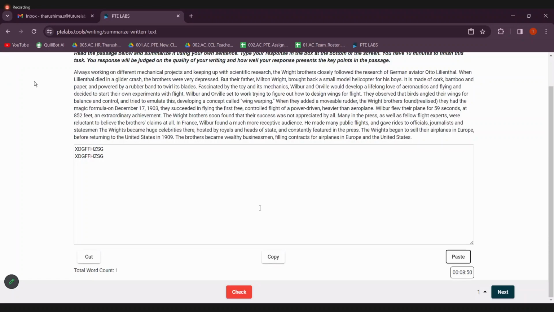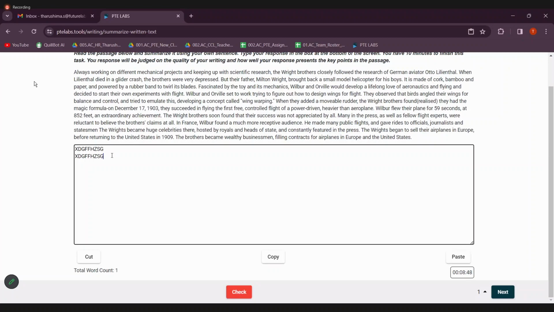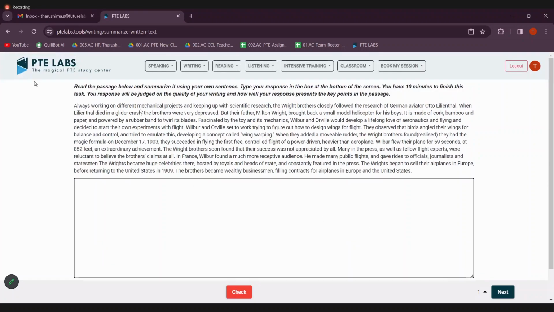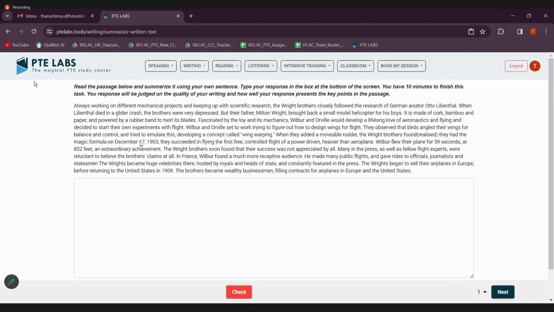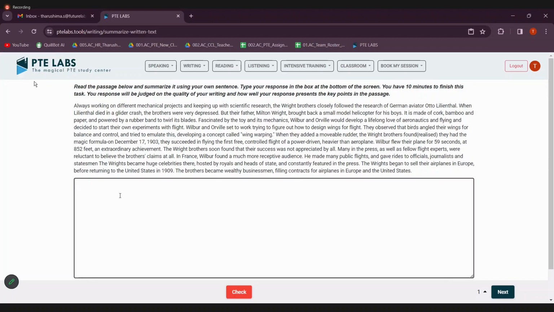In the exam, they will be disabled, but while practicing on this platform, they are enabled. But still, when you go to your exams, they won't be enabled. So it's better you use these options. And you can't copy paste anything from this question. You just have to copy paste anything within this box.